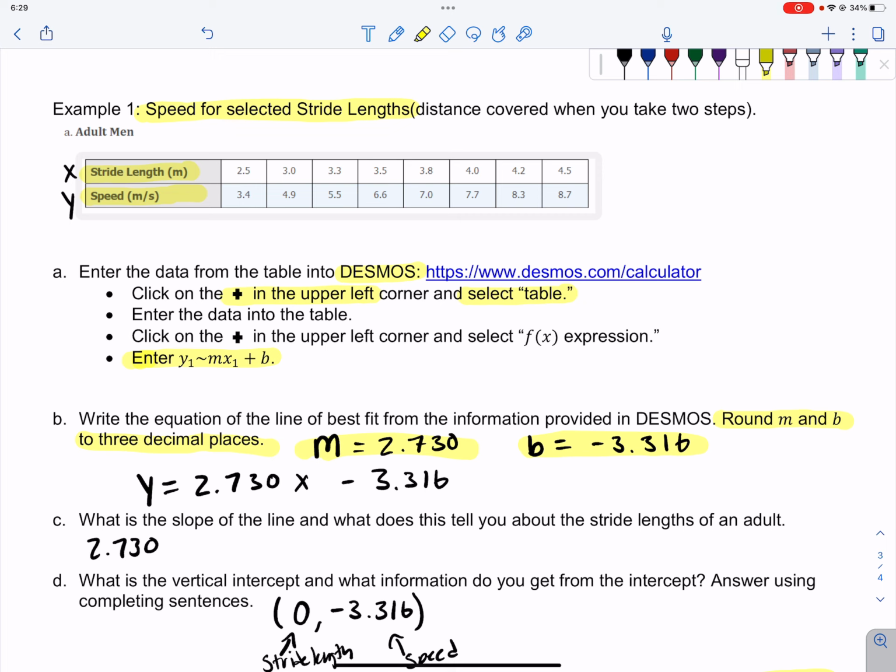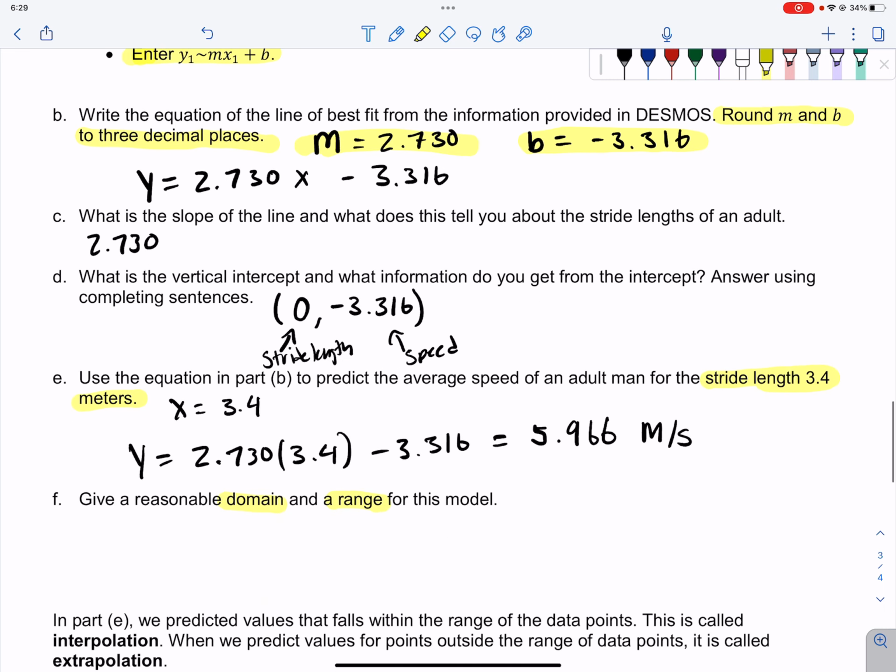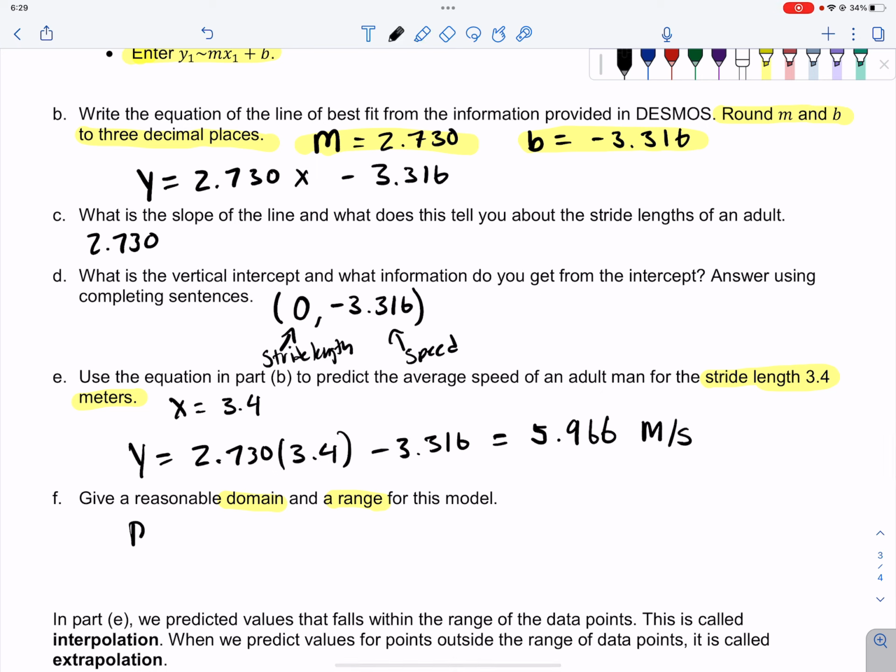On my table, my lowest x value is 2.5, and my highest x value is 4.5. That means my domain is essentially between those values. I can round them a little bit to extend a little bit and say my domain is between 2 and 5.